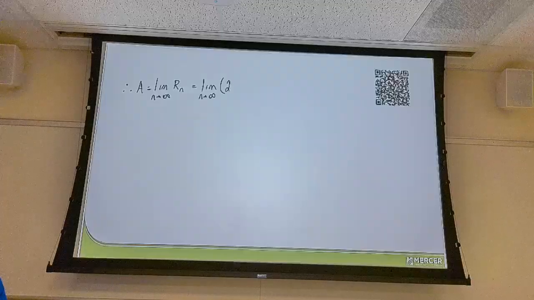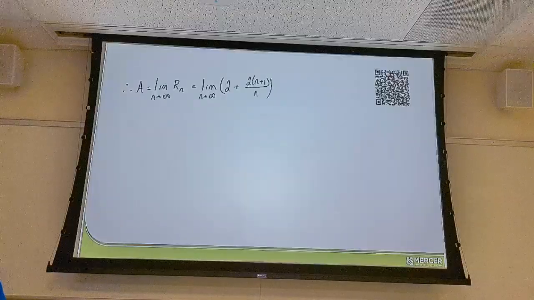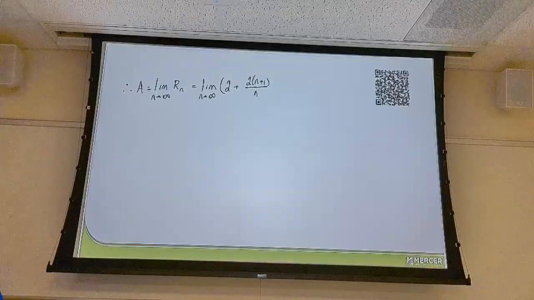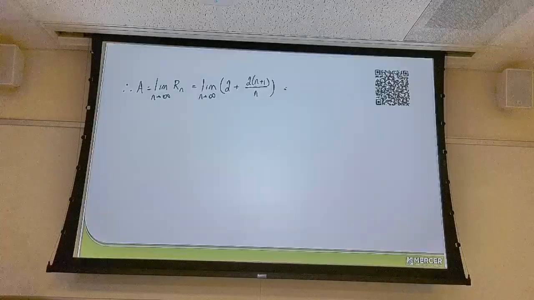Area is that limit, which is the limit as n goes to infinity of 2 plus 2 times n plus 1 over n, right? What is the limit of 2?